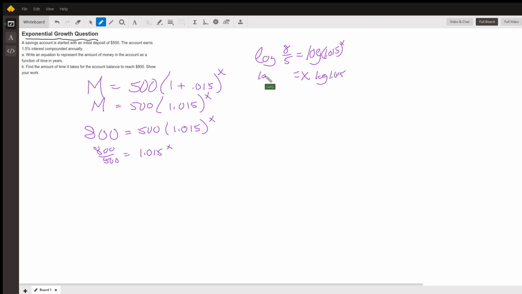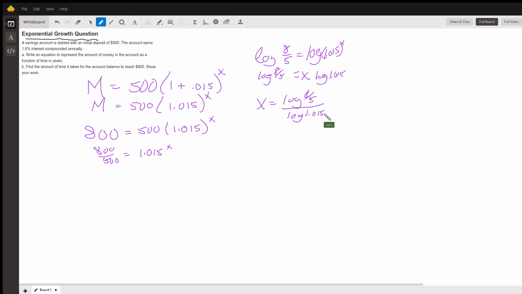So log of 8 over 5 equals X times the log of 1.015. So there you go. X equals log of 8 over 5 over log of 1.015.